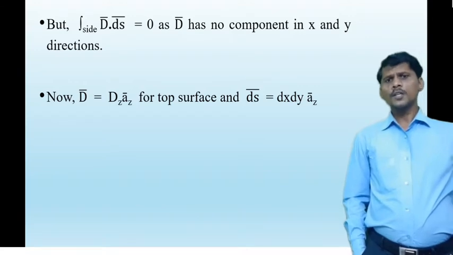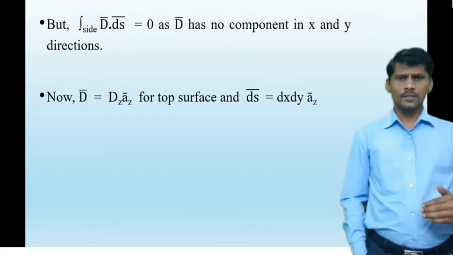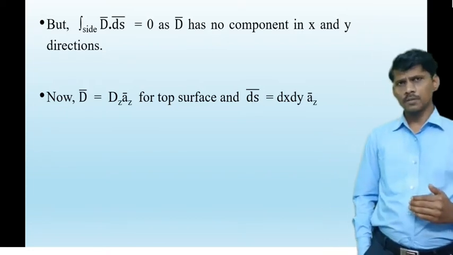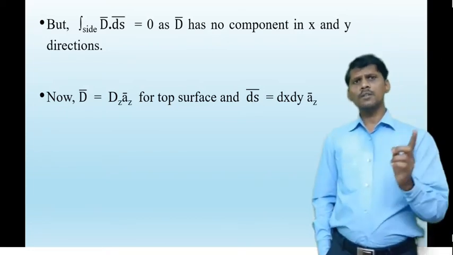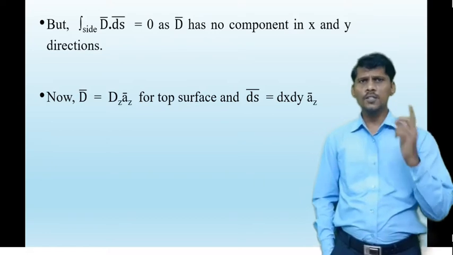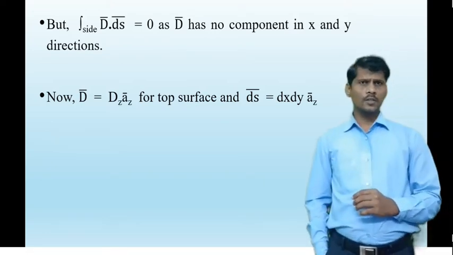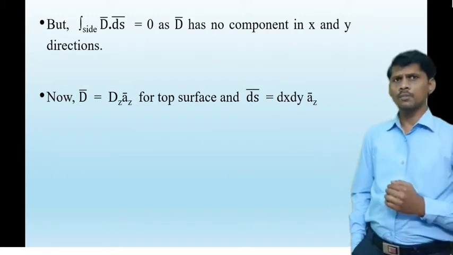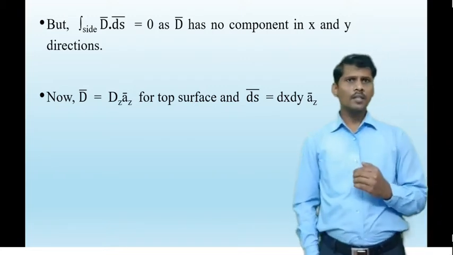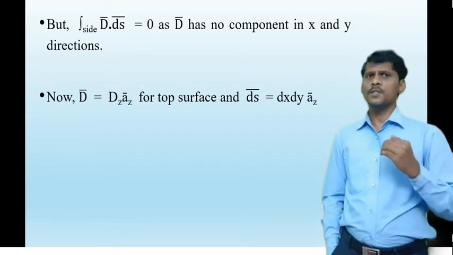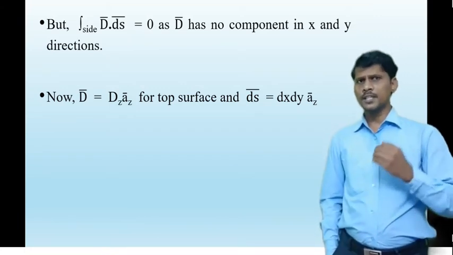So for above the xy plane, for the top of the surface, the electric flux density d bar is equal to dz into az bar. The rectangular box is a Gaussian surface. Because of that, in the Cartesian or rectangular coordinate system, the vector form of the electric flux density is d bar is equal to dx ax bar plus dy ay bar plus dz az bar.